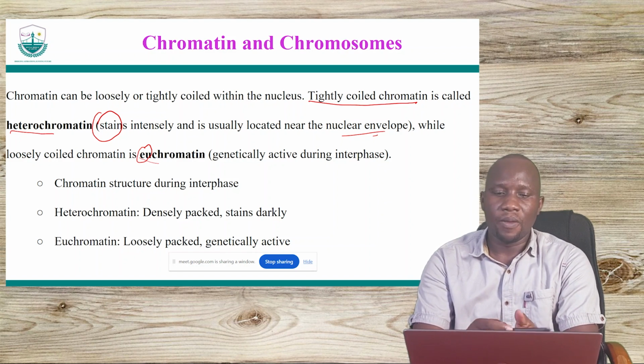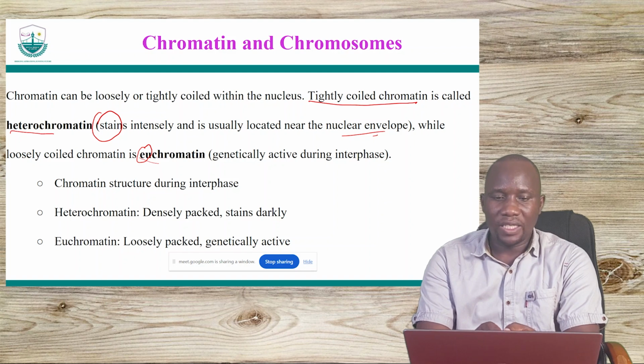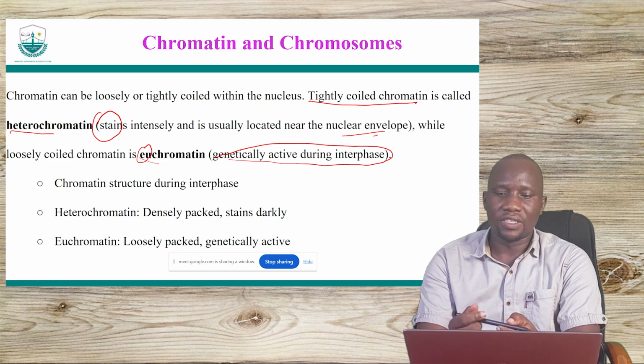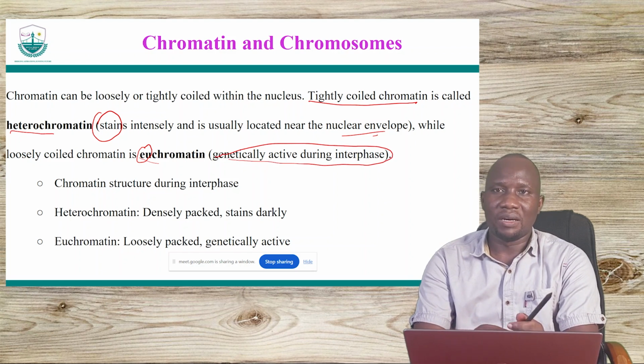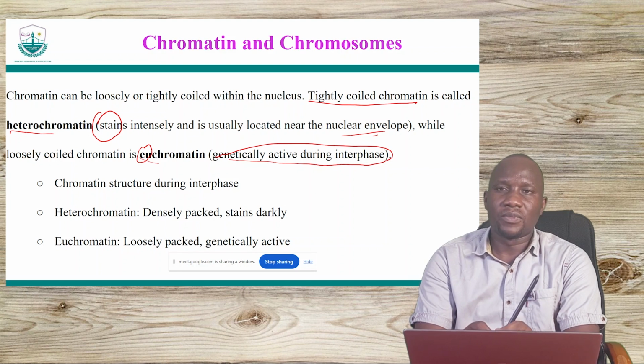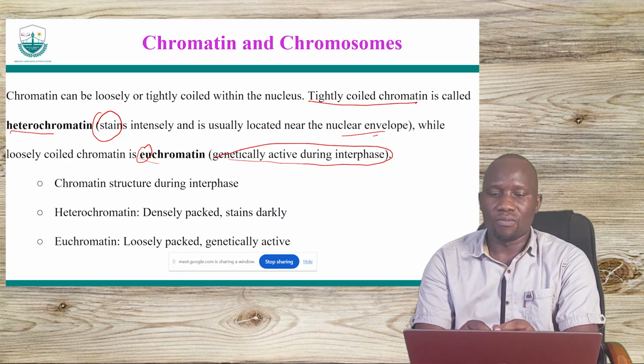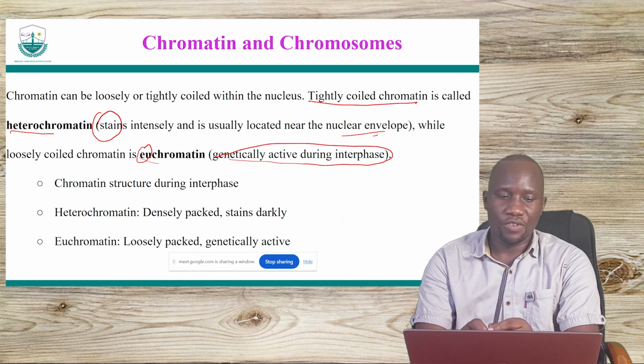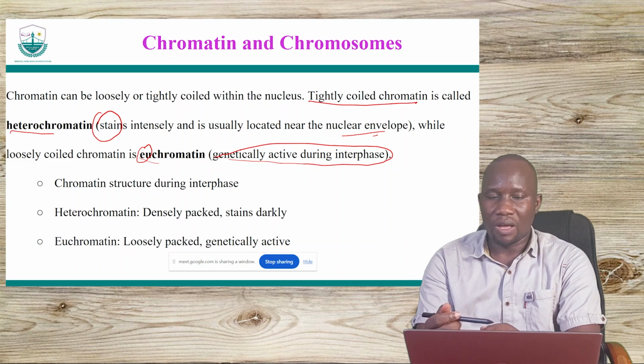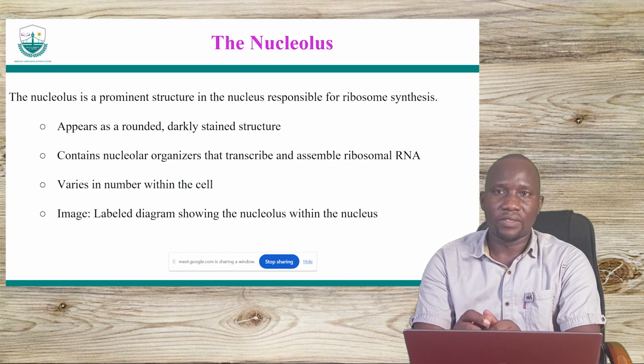This euchromatin is actually genetically active during the interphase, what we usually call the resting stage of the cell cycle, or of cell division. So the chromatin is very active during the interphase.